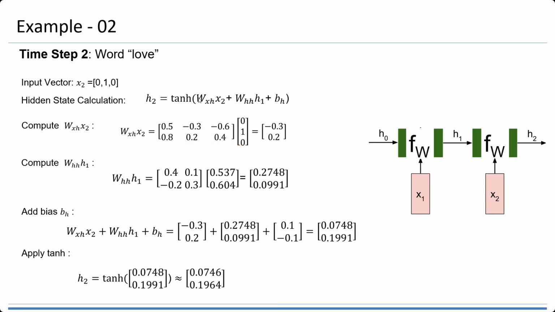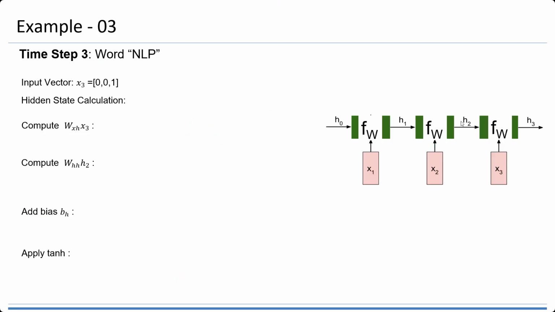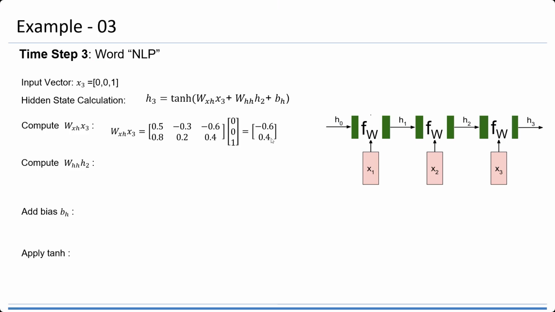Next, we will calculate h3. The same. With the formula, we have h3 and we have the W multiplied by x3, and the weight of hidden to hidden multiplied by h2, plus the bias.